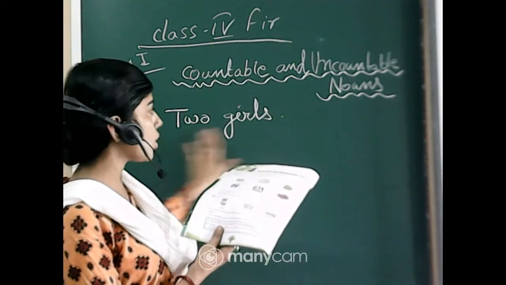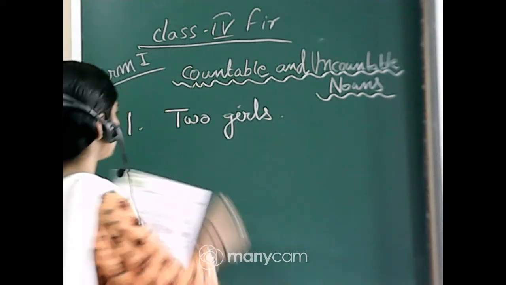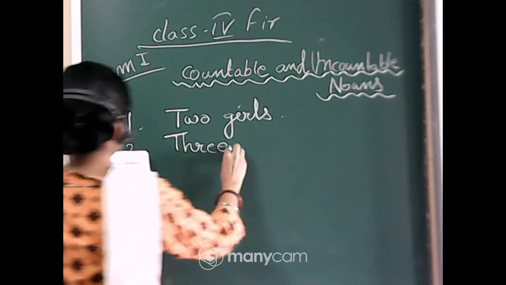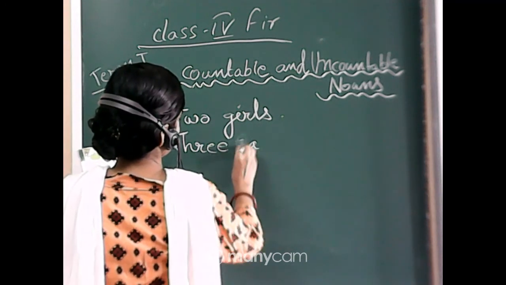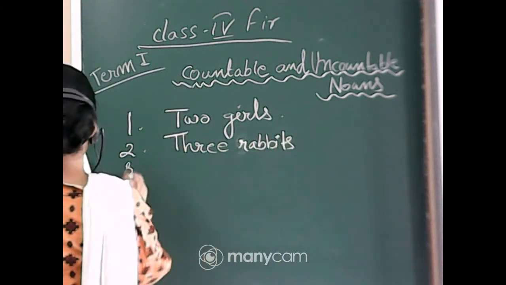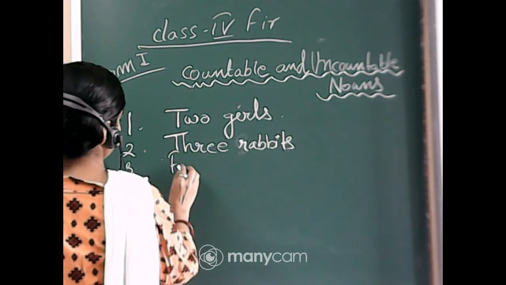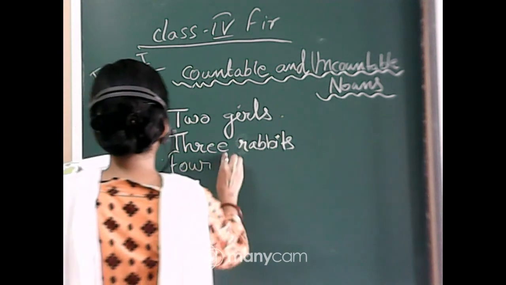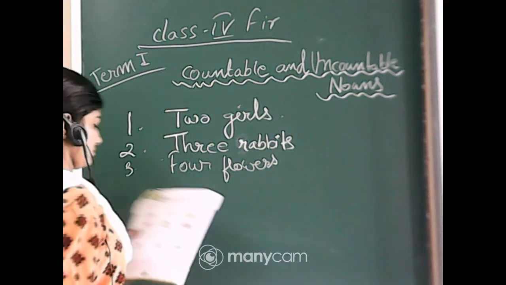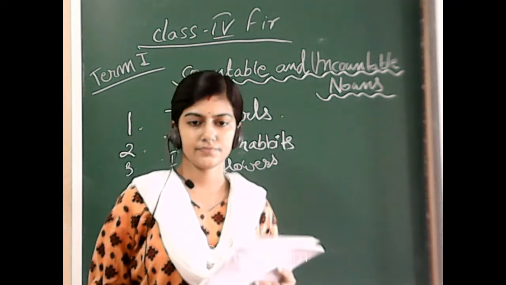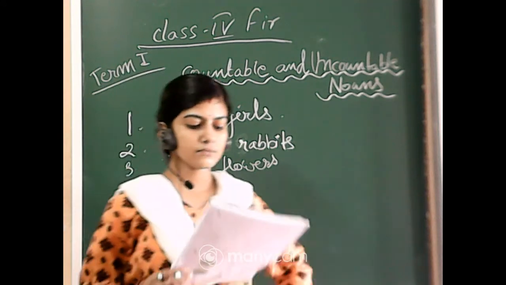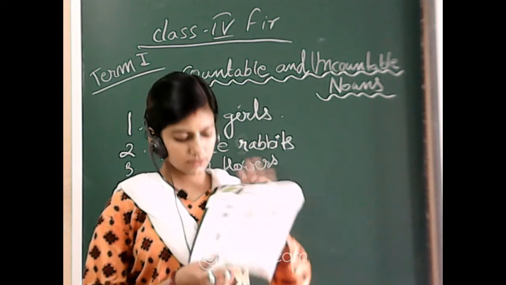Number 1, 2 girls. Number 2, 3 rabbits. Number 4, we see here the clowns.